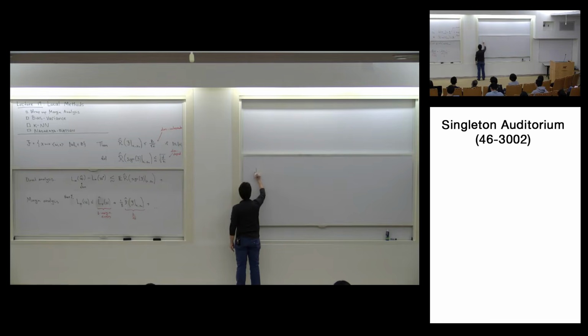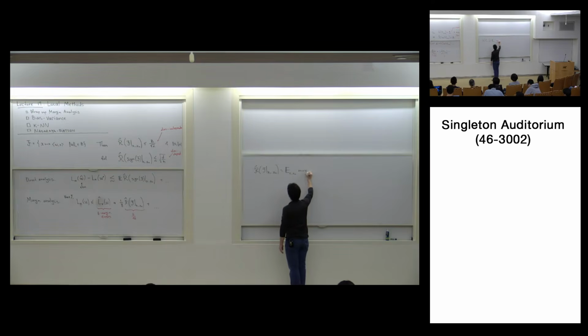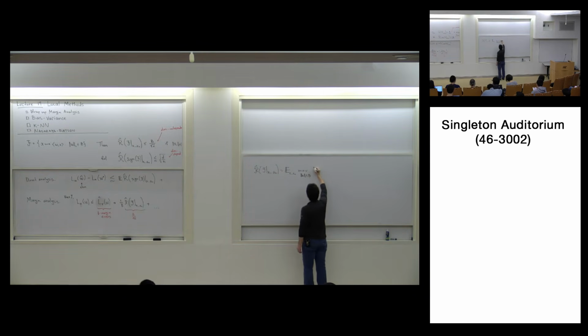Let me write it out. So R hat of F projected onto x1 through xn is just the expectation over epsilon 1 through epsilon n of the maximum. So what are the functions f? They're indexed by w, w bounded by B, of 1 over n.